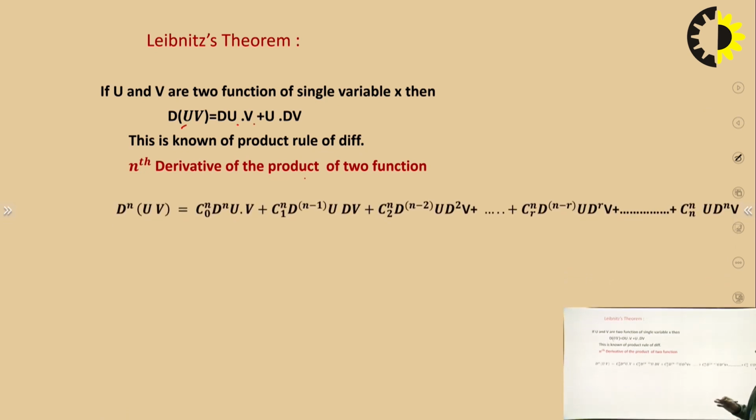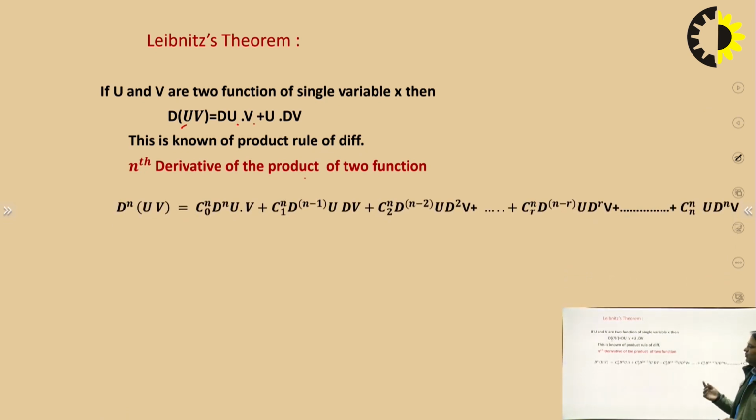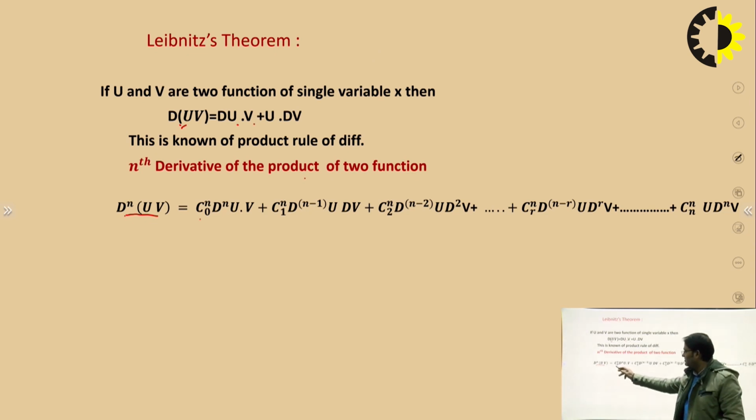Now, if we look at the nth differentiation of two functions, here we differentiate one time, but in the theorem we apply it n times. So the statement looks like this. It is the nth differentiation of the product of u and v. Here, this is the first term of the theorem.